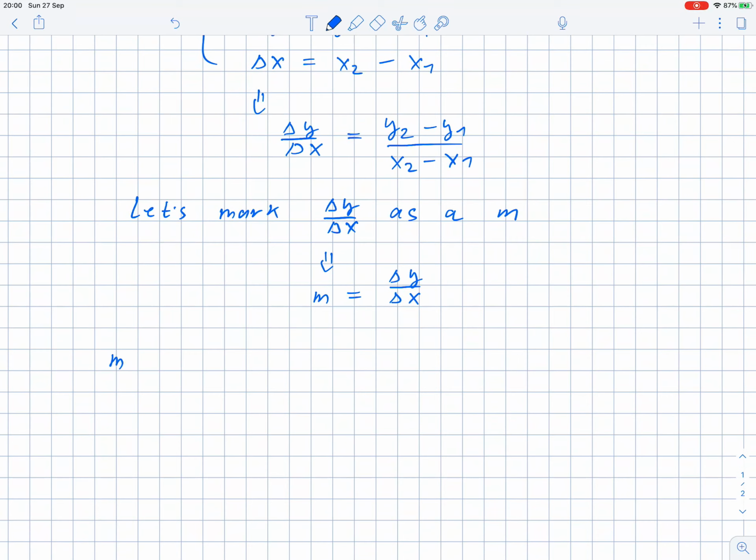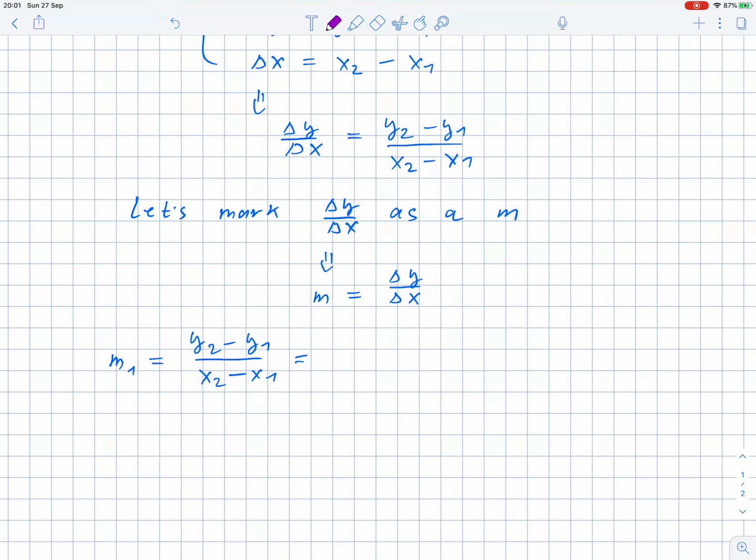Now, the first ratio that we will call m1 equals y2 minus y1 divided by x2 minus x1. Now you see that we actually need 2 points, where the second point is x2 and y2, and x1 and y1 is our first coordinate.